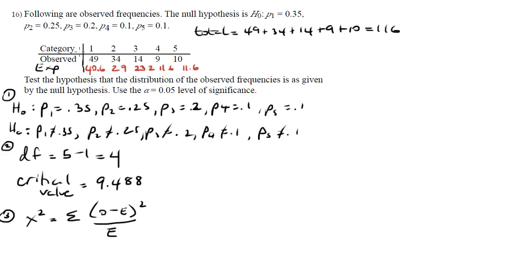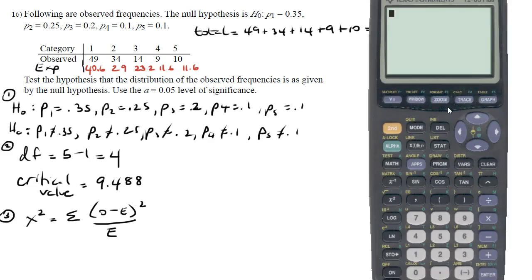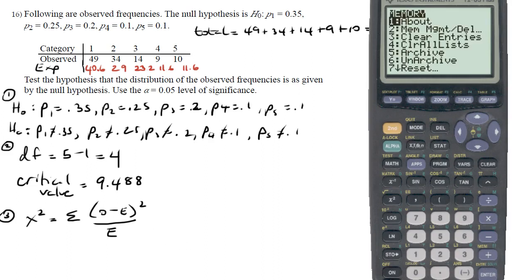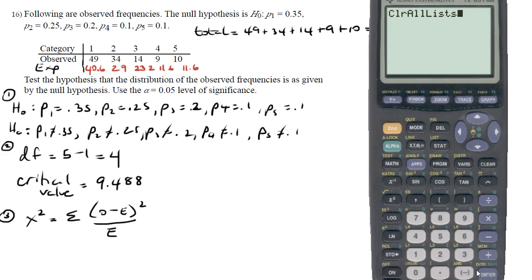I'm not going to do it that way. I'm going to show it again with the calculator so we can get comfortable with that. Clear lists, second memory, 4, clear all lists. I'm going to go to stat, edit, and in L1 I'm entering my observed, L2 my expecteds.